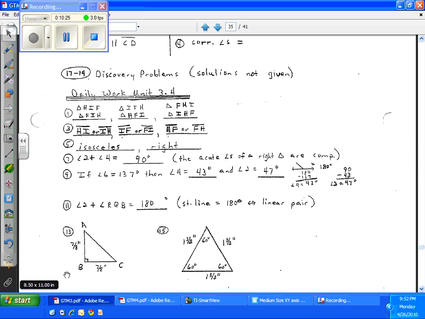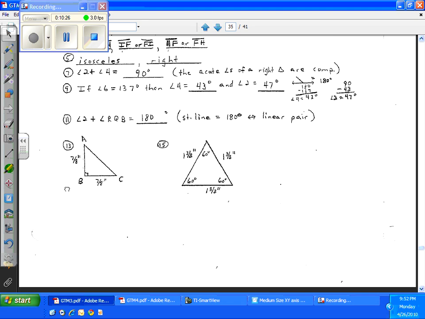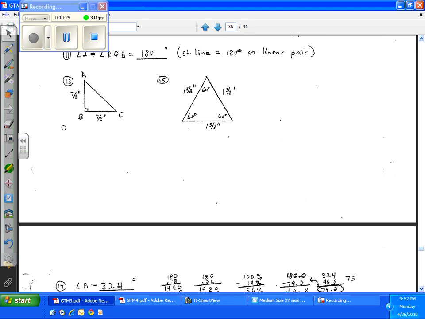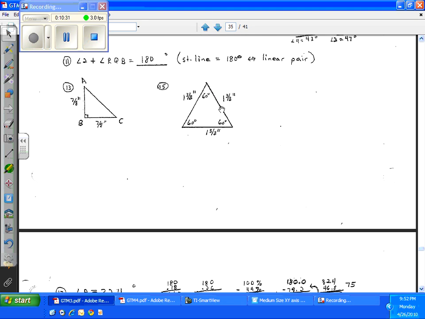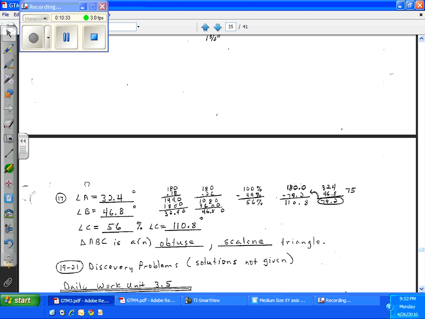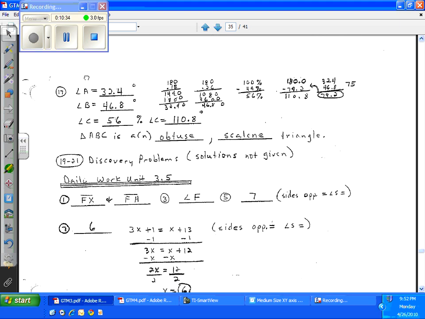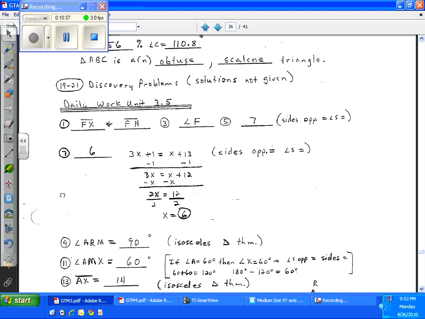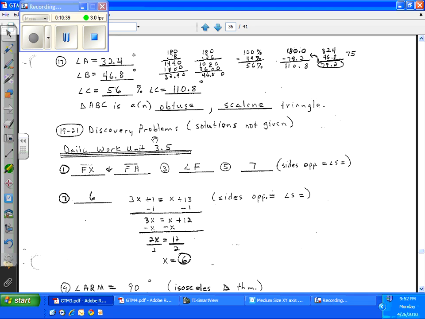Two-column proof. We got some diagrams, draw and label. So those are in the back of the book. That's going to help you with some of those that I'm not going over. The discovery problems, notice it says the solutions are not given. That's because the solutions are actually the theorems on the next page.